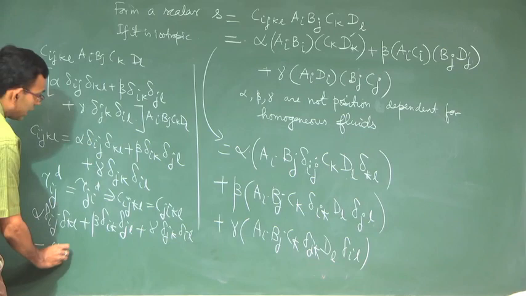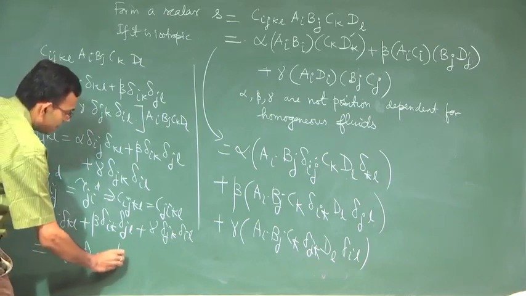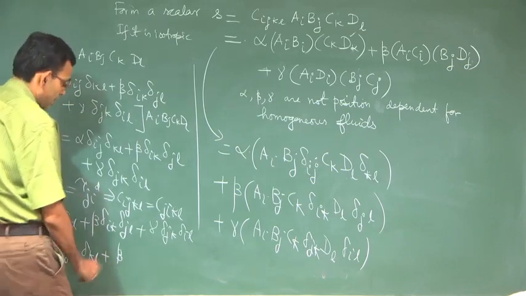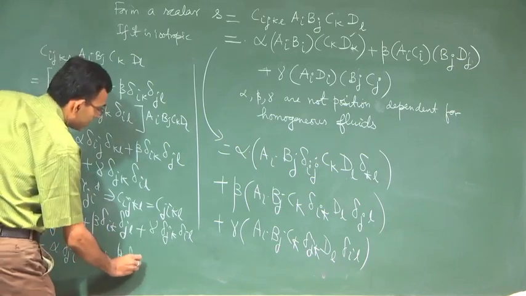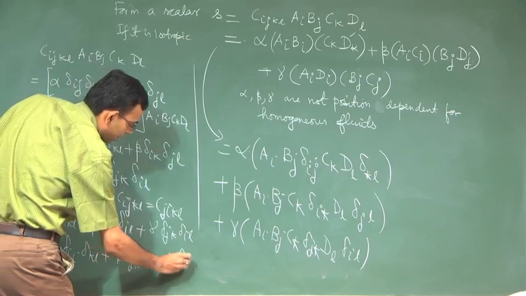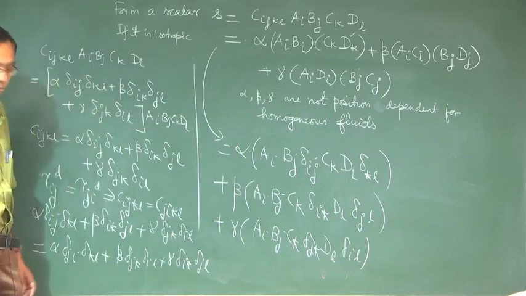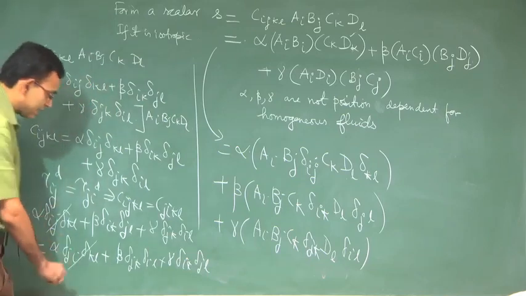So, delta ji delta kl plus beta delta jk delta il plus gamma delta ik delta jl. Now, these two get cancelled.